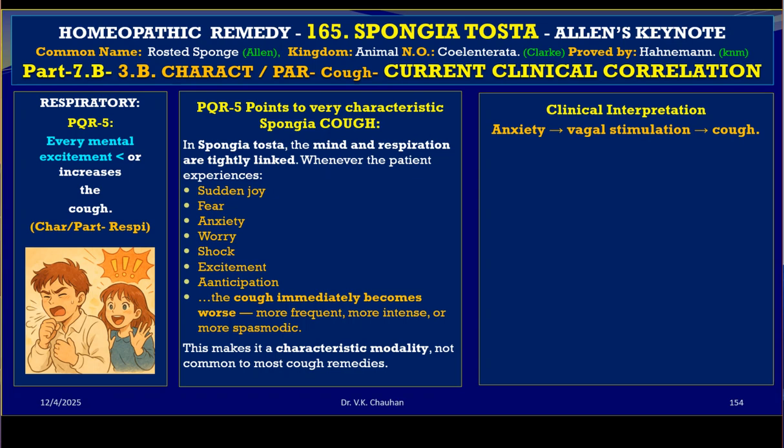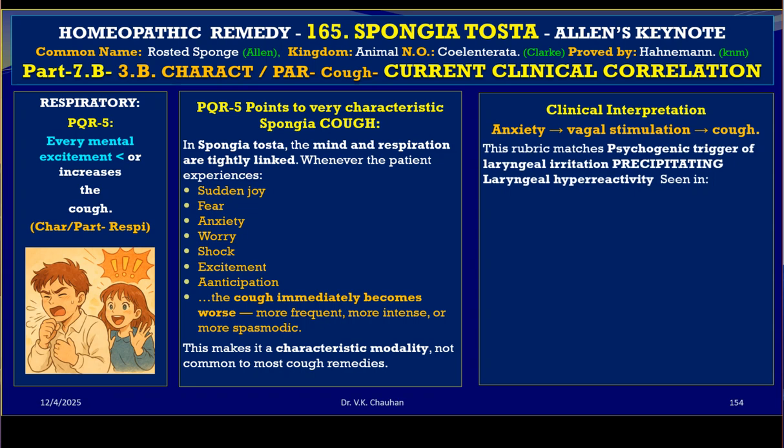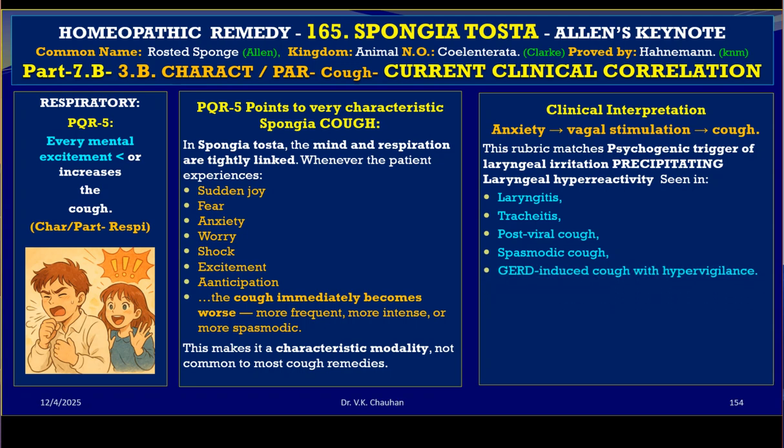Anxiety causes vagus stimulation, which leads to stimulating the cough, and this rubric matches psychogenic trigger of laryngeal irritation, precipitating laryngeal hyperactivity as we see in laryngitis, associated with laryngitis, tracheitis, post-viral cough, spasmodic cough, and GERD, gastroesophageal reflux disorder, where we find this kind of a feature also.